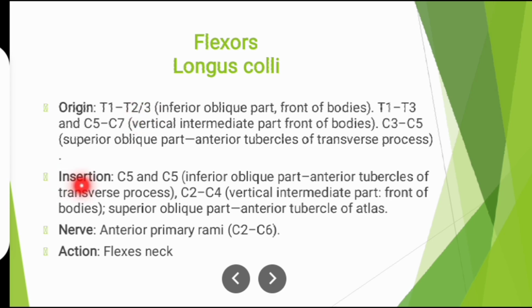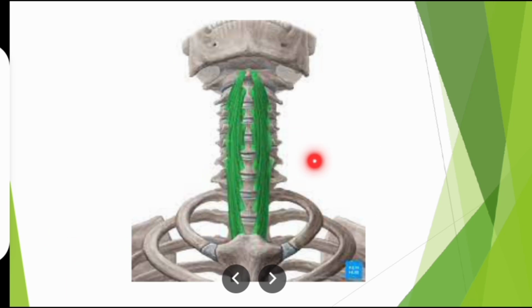Insertion of longus colli muscle on inferior oblique part and anterior tubercle of transverse process of C5 and C6 vertebra, and vertical intermediate part and front of bodies of C2 and C4 vertebra, and superior oblique part and inferior tubercle of atlas. Nerve supply anterior primary rami. Action neck flexion. The muscle in green is longus colli muscle.